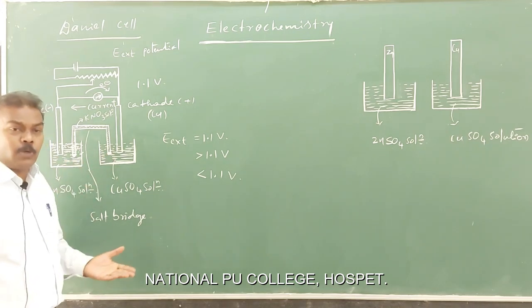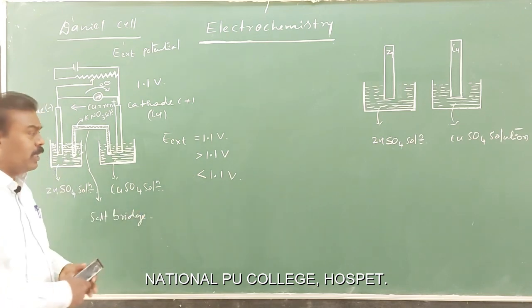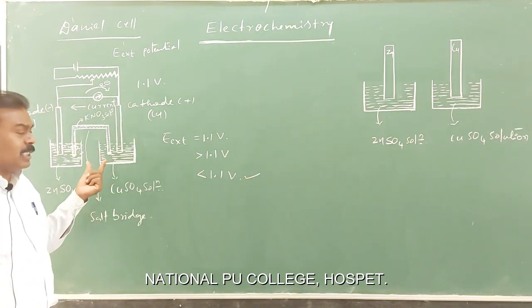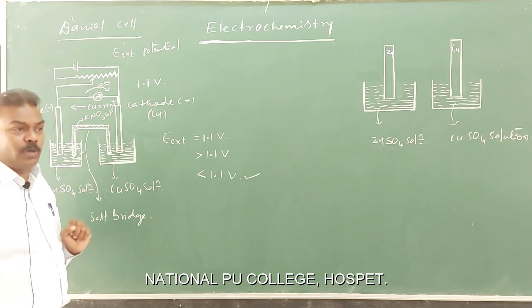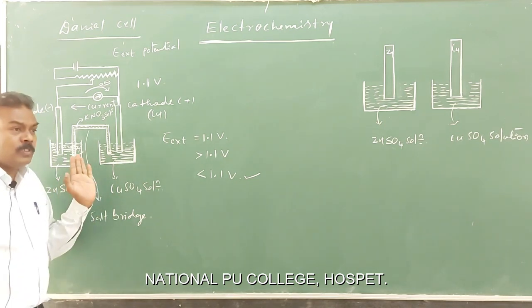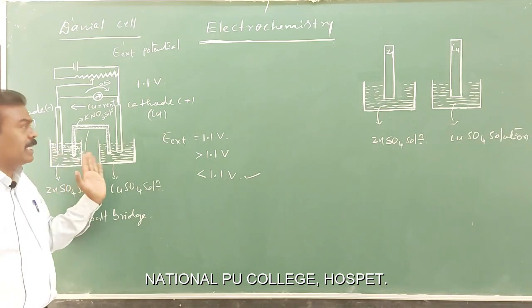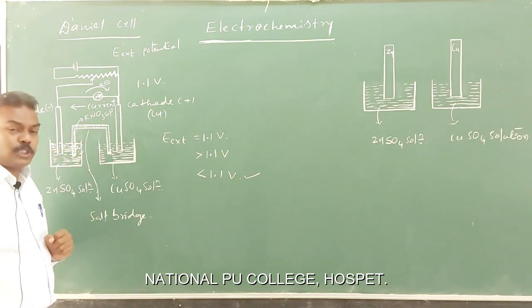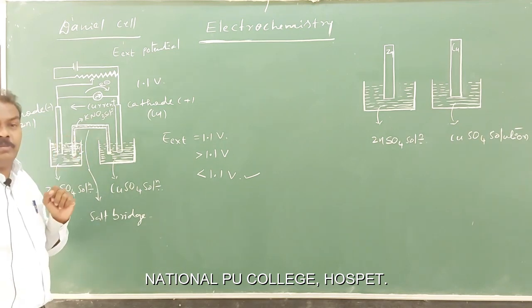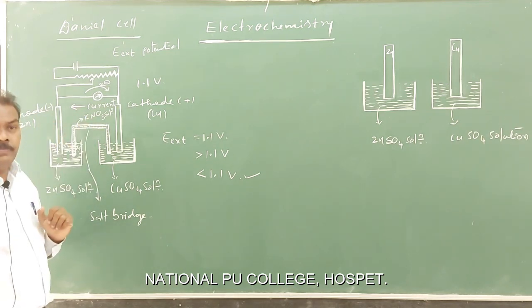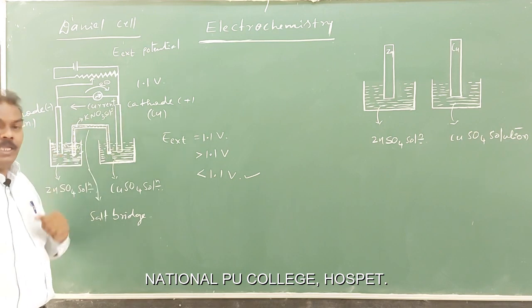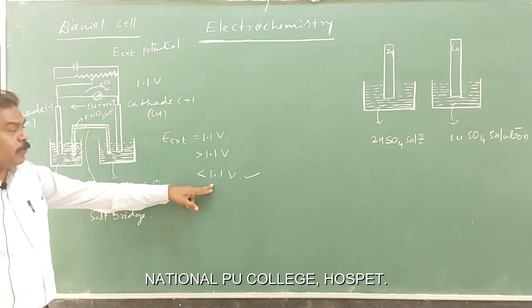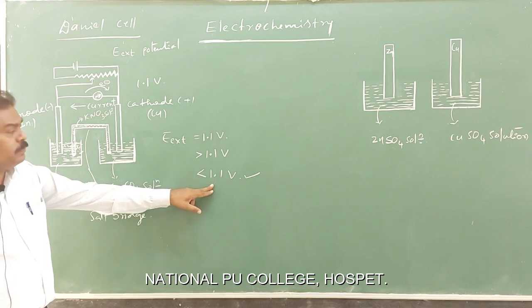When the applied electric potential is less than 1.1 volt, the Daniell cell behaves as an electrochemical cell. Both oxidation and reduction reactions take place as usual. At the anode oxidation takes place, at the cathode reduction takes place, electrons move from anode to cathode, and the current moves from cathode to anode. This is what takes place when the applied electric potential is less than 1.1 volt.